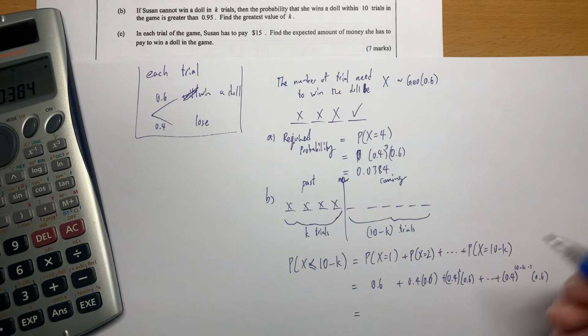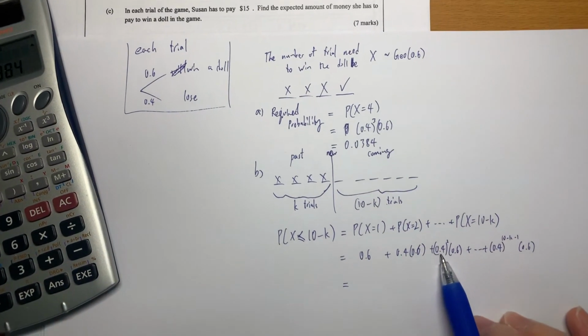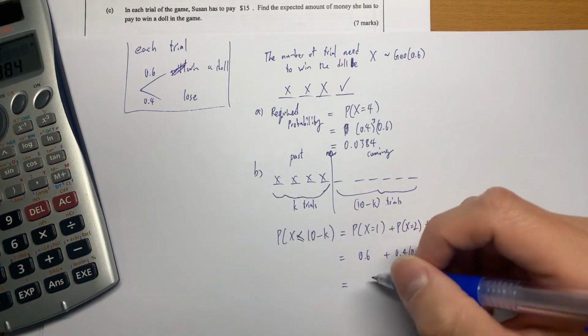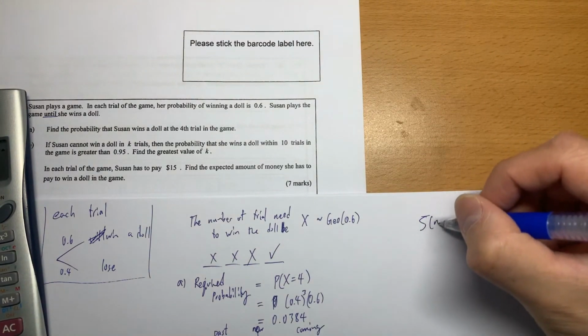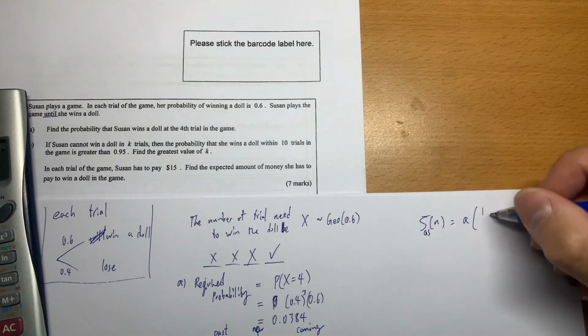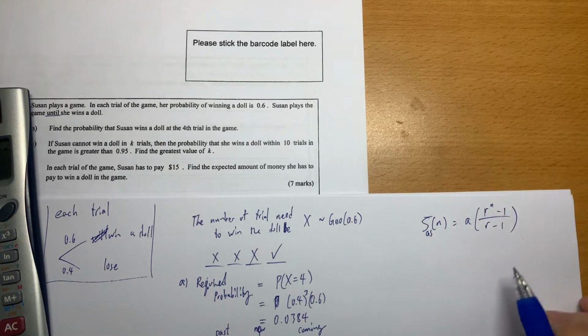So after that, you may use the sum of a geometric sequence to find out. If you forget, S_n = a(r^n − 1)/(r − 1). This is the formula.